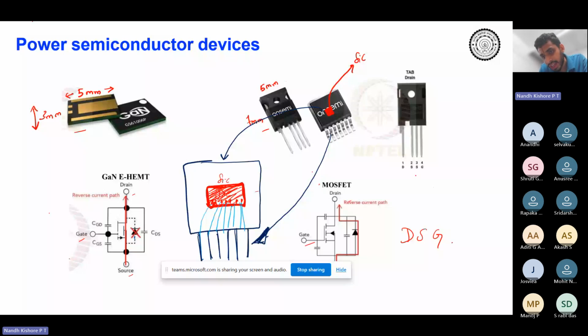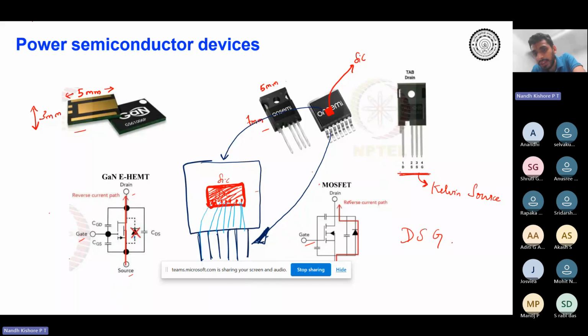But you observe over here, there is drain, D, and then there are two sources, S2 and S3, and the gate is terminal 4. This particular terminal, that is 3, is called the Kelvin source.